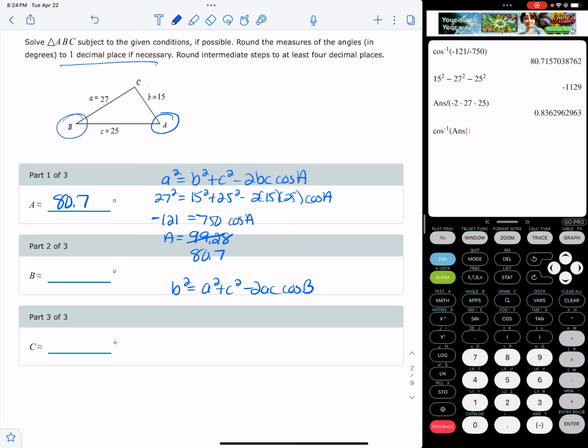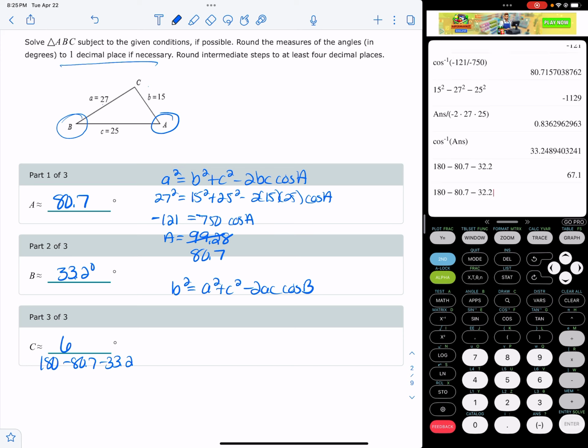Inverse cosine of that answer, and I get 33.2 degrees. And then you just subtract them. So 60.1 degrees.